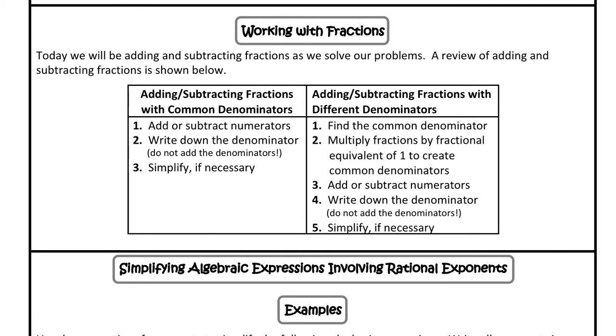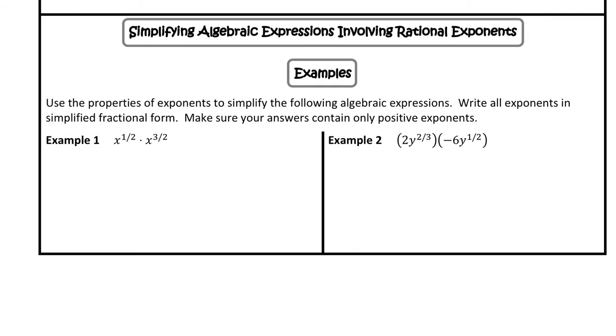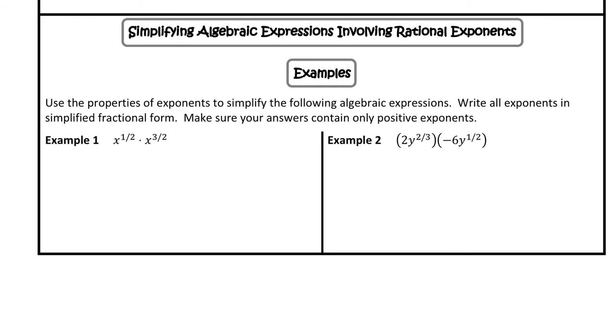And if you feel like you remember, then go ahead and continue with the video, and we'll see how we work out these examples. So let's go right in, and let's go to example 1, but let's read the instructions. It says, use the properties of exponents to simplify the following algebraic expressions. Write all exponents in simplified fractional form.